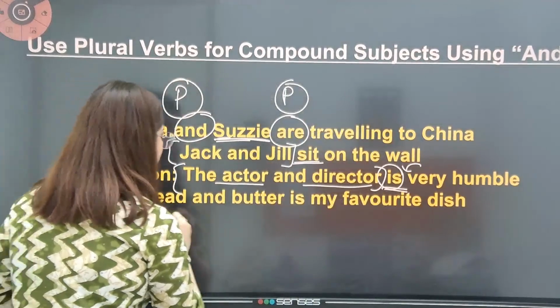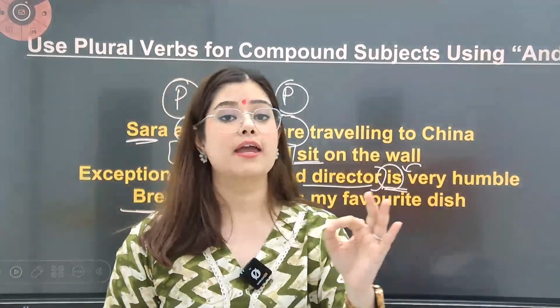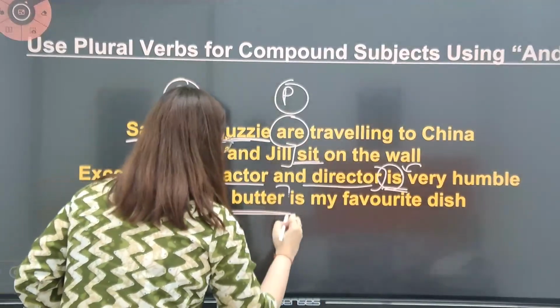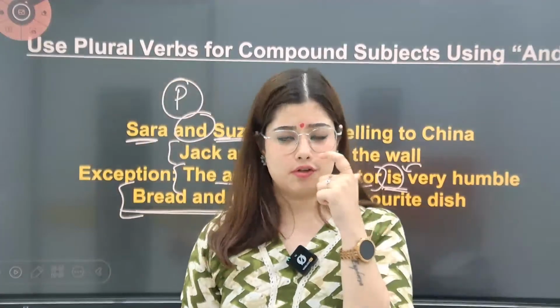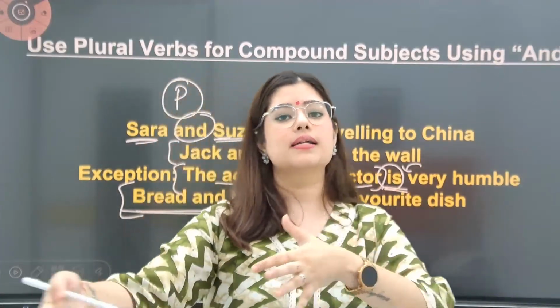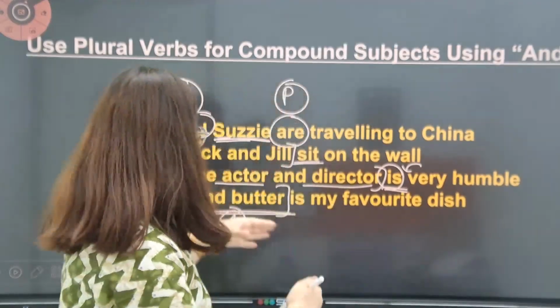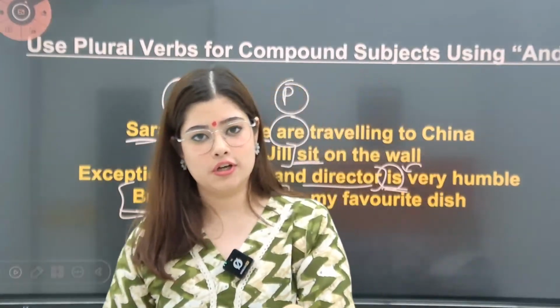Again, bread and butter is my favorite dish because I am considering bread and butter to be one dish, not multiple dishes. Idli and sambar is my favorite dish because you'll have them together as one singular dish, right?